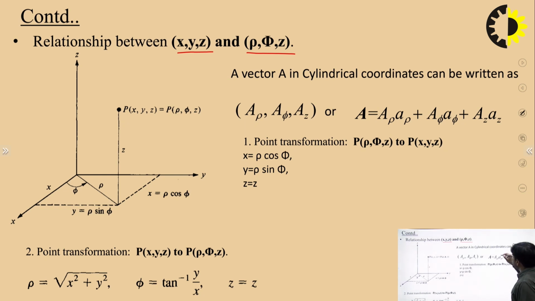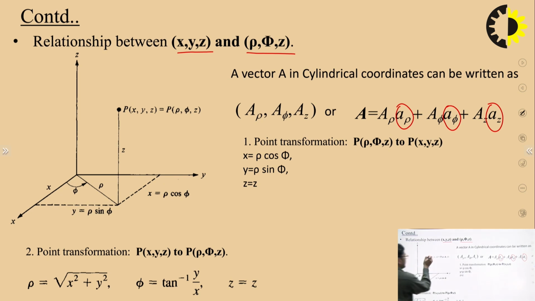Here you can see the unit vectors in the cylindrical coordinate system; a rho, a phi and az are the magnitudes in the particular directions, that is the radial direction, the azimuthal direction, and the length direction az, right.